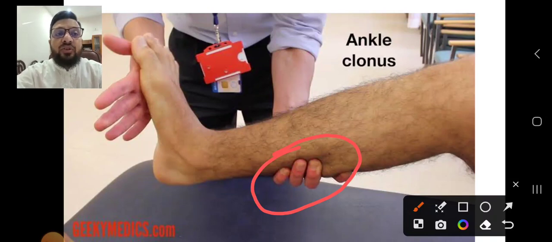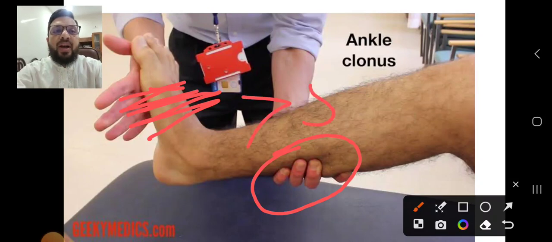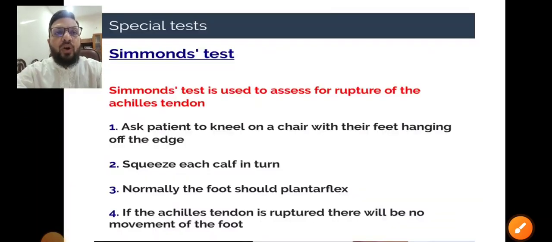So you put your hand at the gastrocnemius muscle, hold it there, and then with your other hand you will do a to and fro motion, and after that you will just make it stable here, and you will look for rhythmic movements by the foot at the ankle joint by itself. And if it is more than 5, it means it is abnormal. So that is how you will perform these important tone tests for the foot.